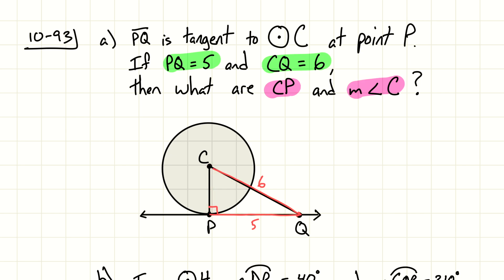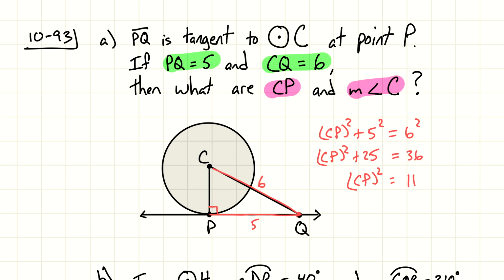All right, so then I would do CP squared plus 5 squared is equal to 6 squared. So solving this, we have 25, 36, and so CP squared is equal to 36 minus 25, that'll give us 11.